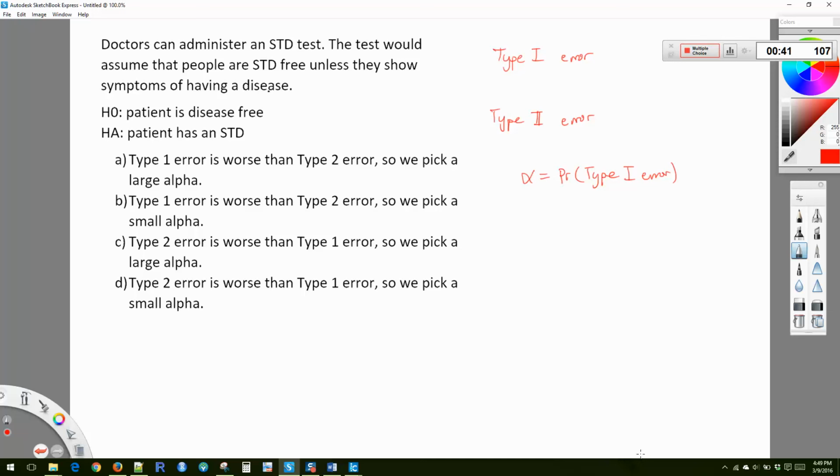Both of these errors are bad. We don't want to make either type of error, but I think we would agree for the most part that one type of error is worse than the other.